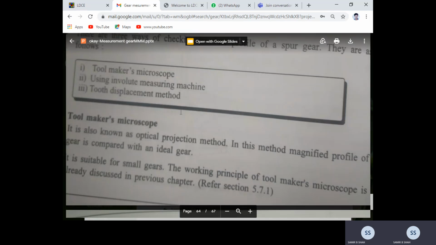From the figure, you may understand that L1 minus L2 is equal to R theta 1 minus R theta 2.